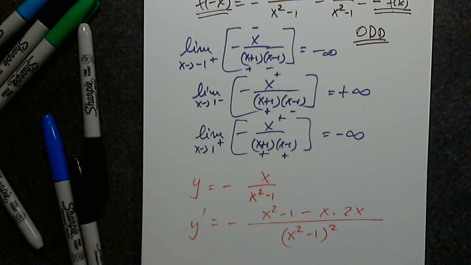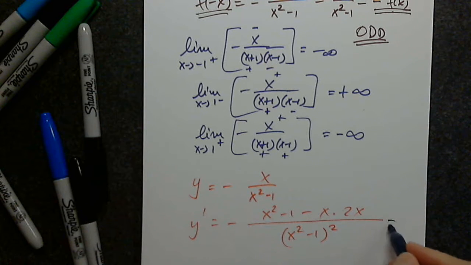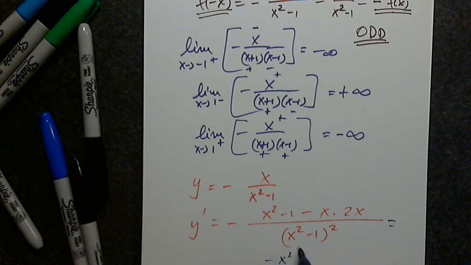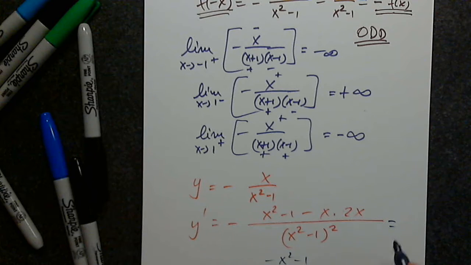Is this okay? Okay, so let's see what we get. Negative x squared minus 2x squared is negative x squared, and minus 1, over x squared minus 1, squared. I like this very much.